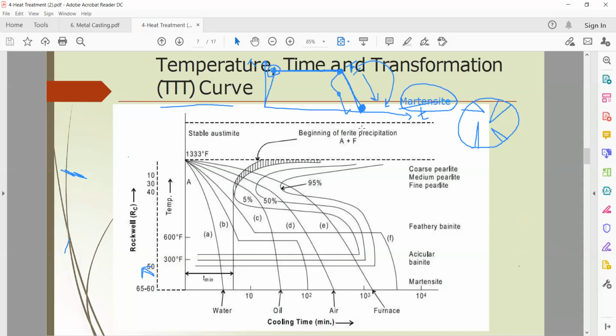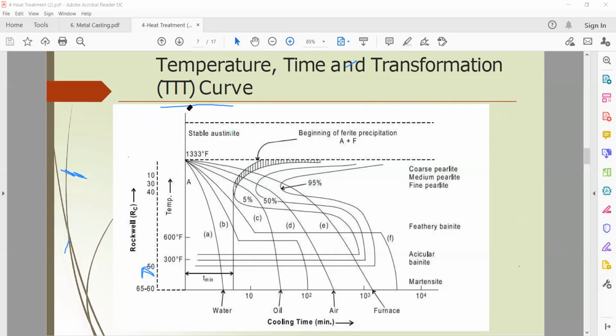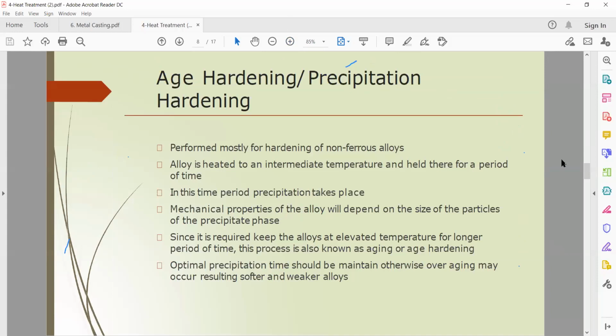So the TTT curve, once we finish the tempering process, we'll discuss the TTT, that means the triple T curve, right? So this hardening process has two main types or varieties, right?